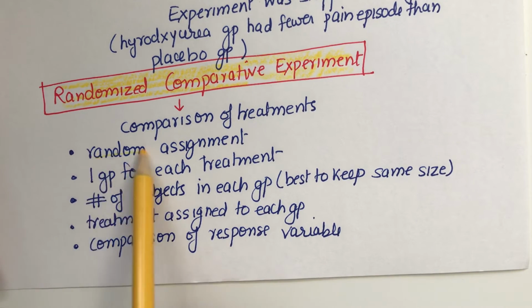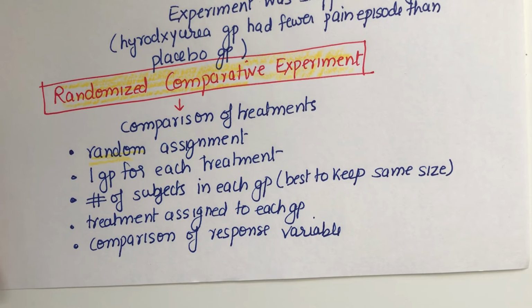So random assignment is very important. It has to be random, an impersonal choice; personal interest should not be there while assigning the treatment. Use one group for each treatment. If there are 3 treatments, you have 3 groups. If there are 4 treatments and you want to compare them, you have 4 groups.